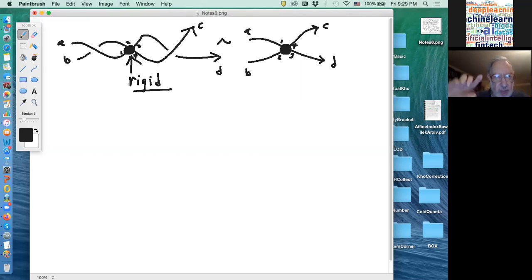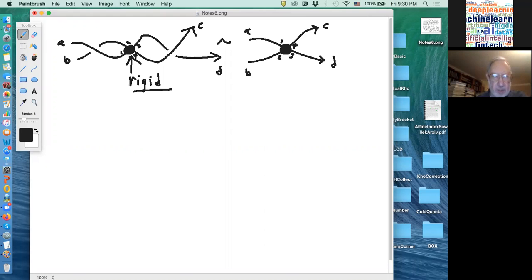So you're allowed to take that like a little puck, a little round flat disc, and pick it up and turn it around by 180 degrees and put it back in the plane. And it changes the cyclic order from 1, 2, 3, 4 clockwise to 1, 2, 3, 4 counterclockwise. The strings go along with it. And that's the rigidity of the vertex.